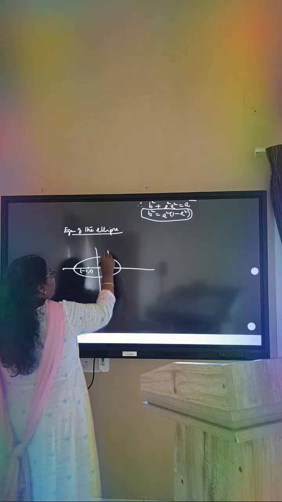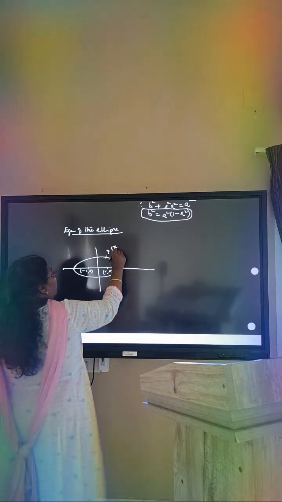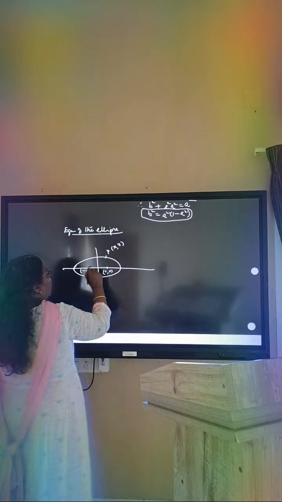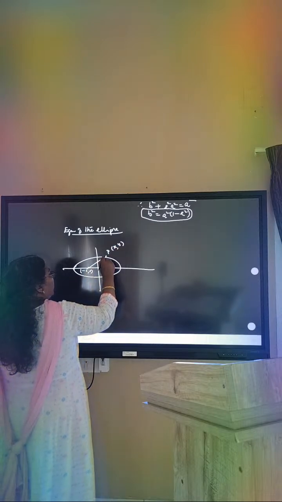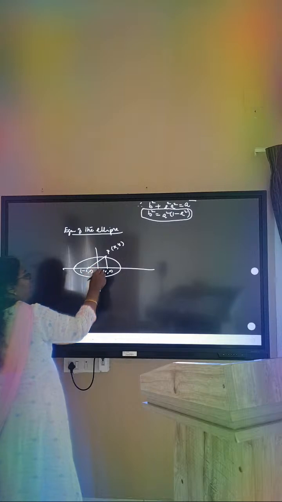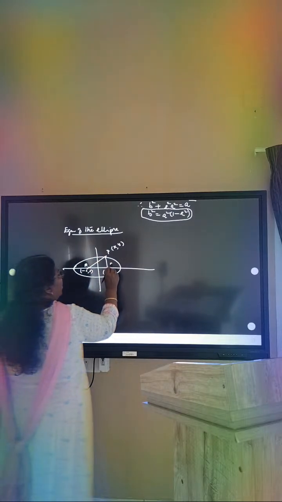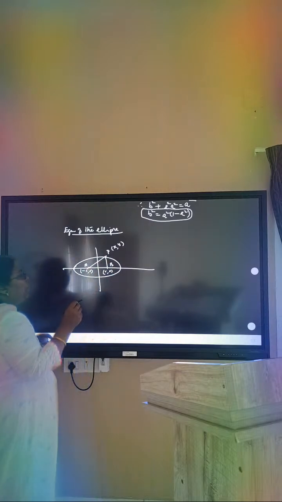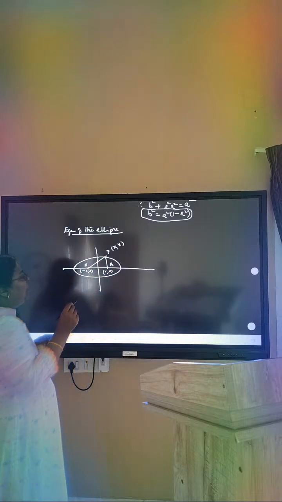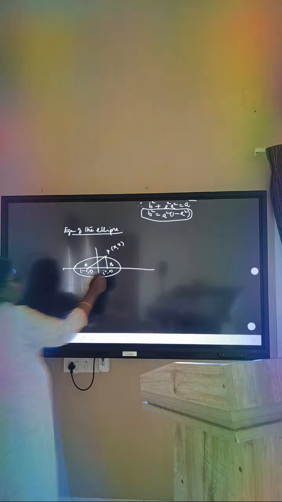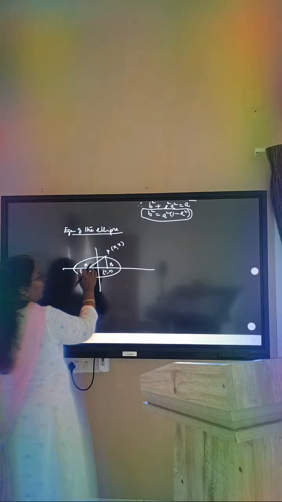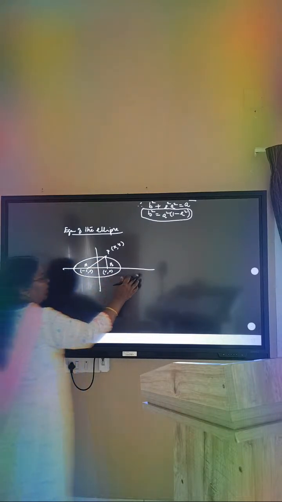P is any point which has coordinates, say, x comma y. Then the sum of the distances from P to A and P to B will be equal to 2a. I already said this length will be equal to 2a.